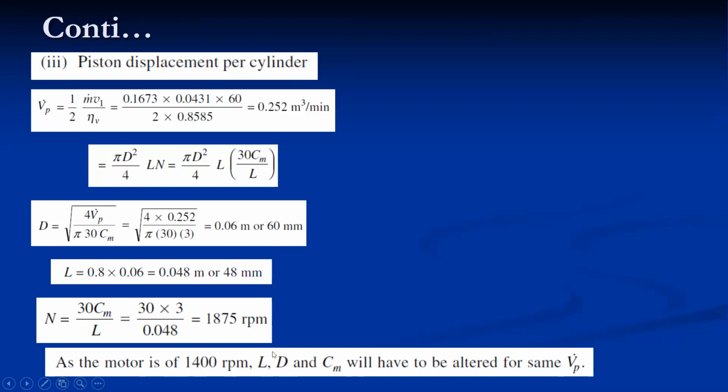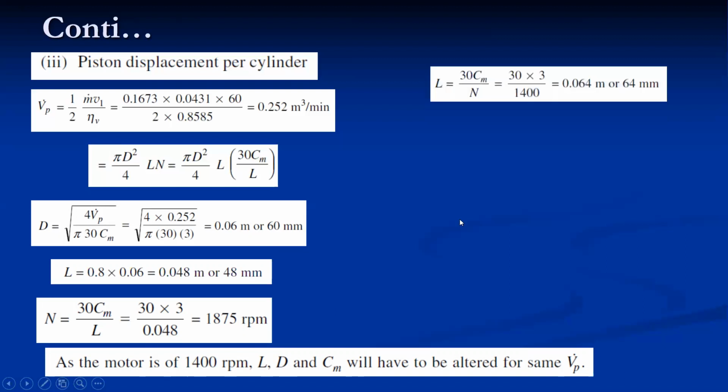As the motor speed is 1400, with the help of motor speed we can calculate first the stroke, and from stroke we can calculate the L by D ratio, because diameter we have considered as 60 as it is.